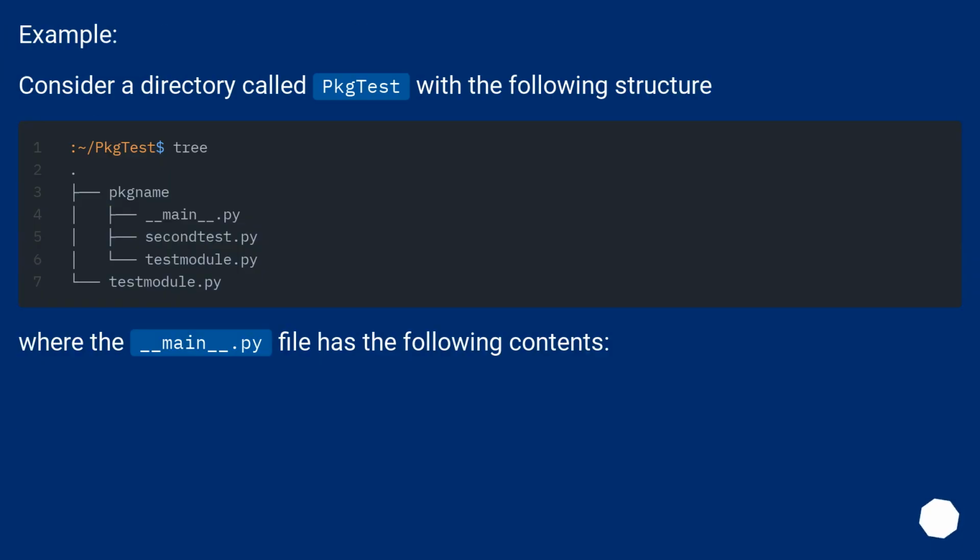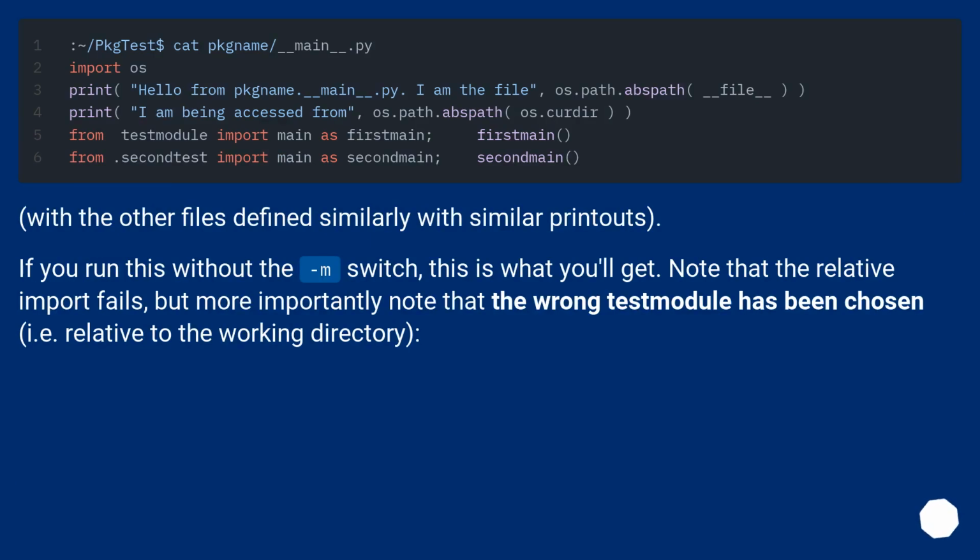Example. Consider a directory called kgtest with the following structure, where the __main__.py file has the following contents. With the other files defined similarly with similar printouts.